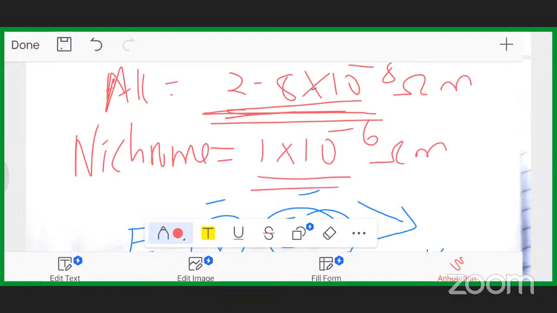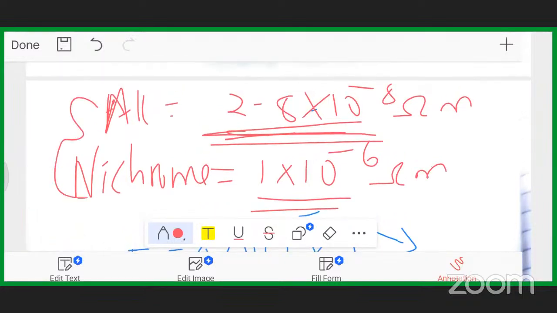So which one is a better conductor between the two, between nichrome and aluminium?